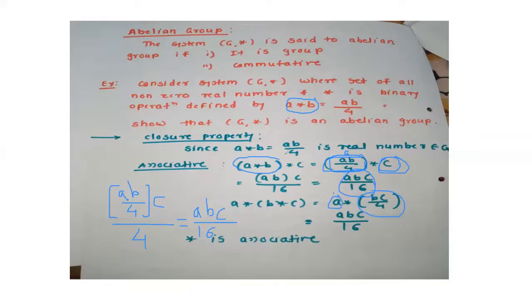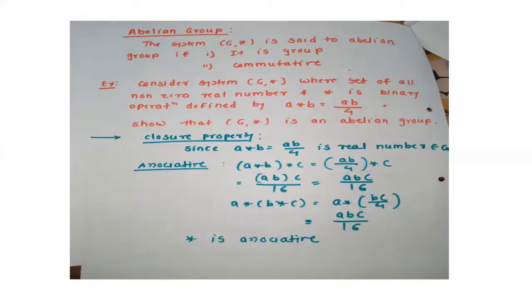As per the definition A star B is equal to AB by 4, the same here we get ABC divided by 16. So here LHS is equal to RHS. So star is an associative operation.